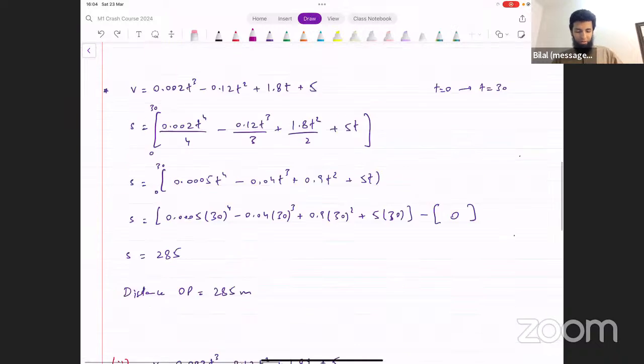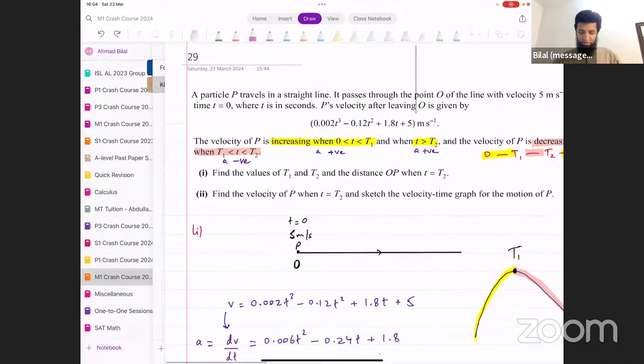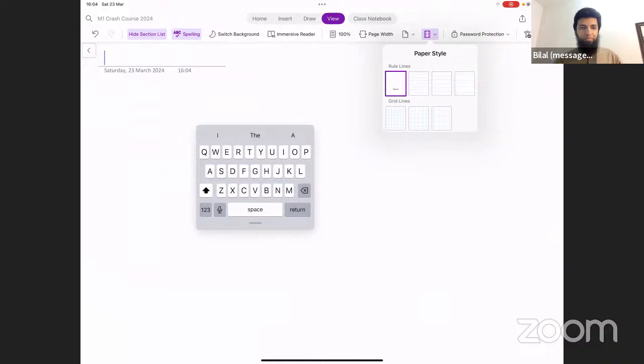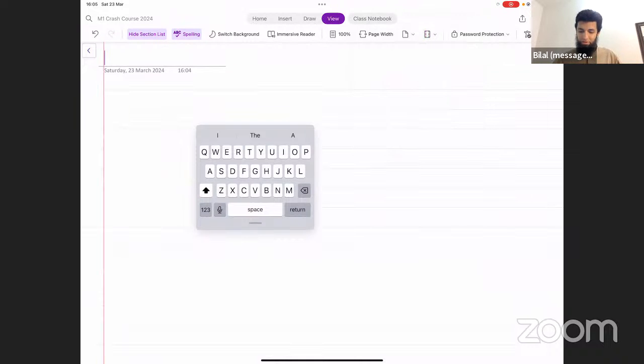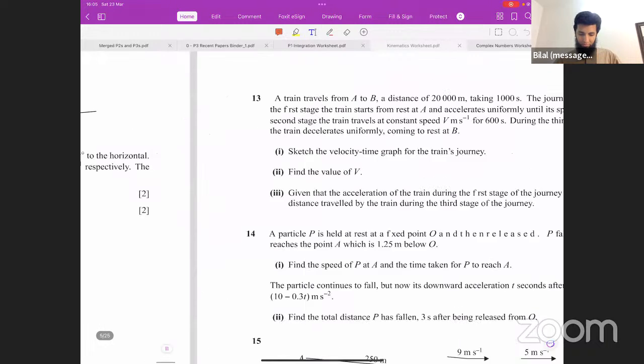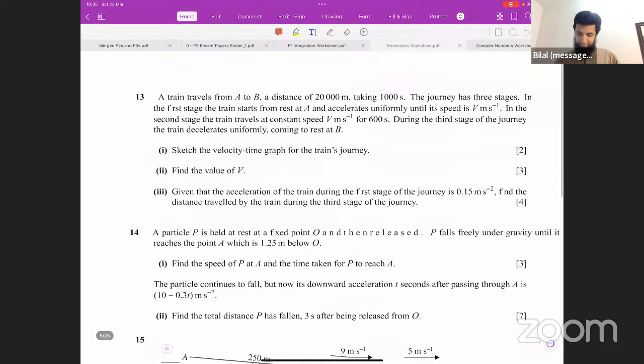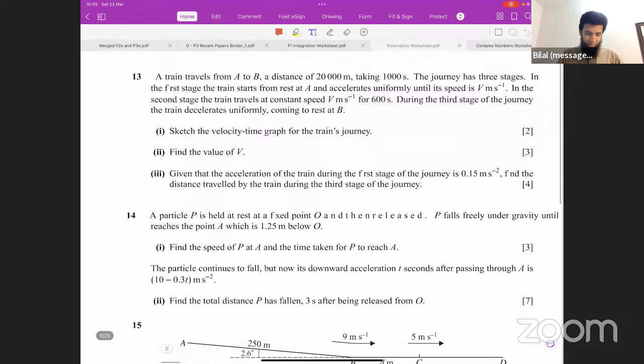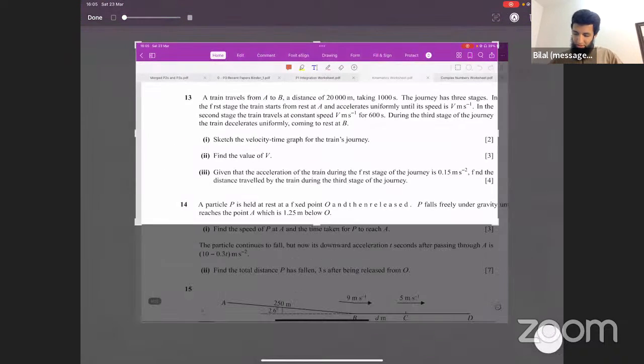Okay, so that's part 2. Let's move on to the next one now. The next question is question number 13 from the worksheet. Okay, let's start this quickly. Question number 13.